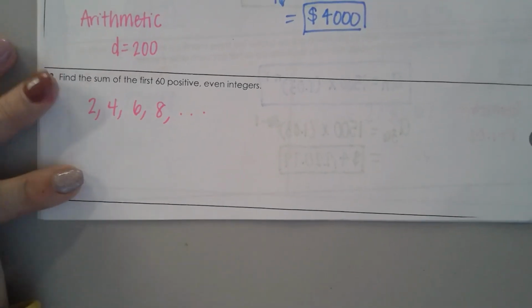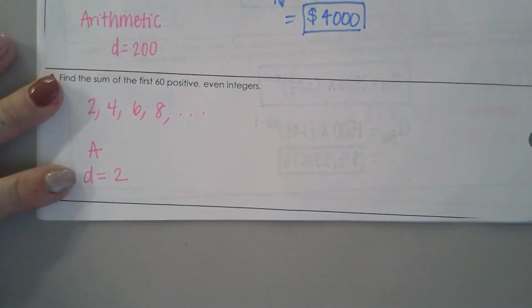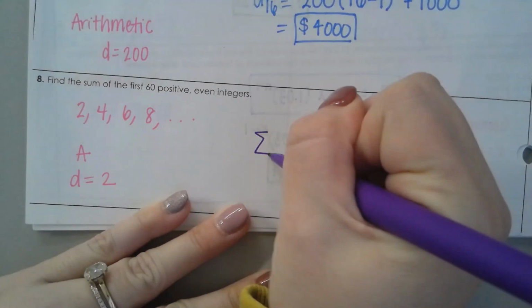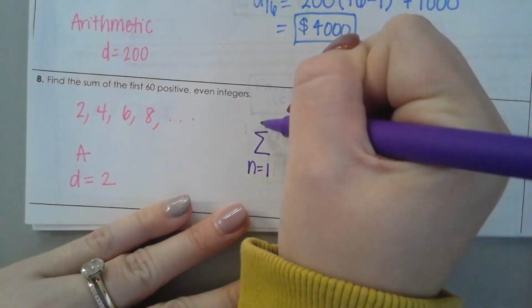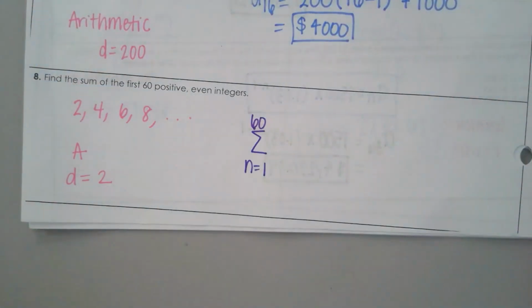Is this arithmetic or geometric? Arithmetic. What's my common difference? 2. So I'm finding the sum from n equals 1 to what? 60, because I'm finding the sum of the first 60.